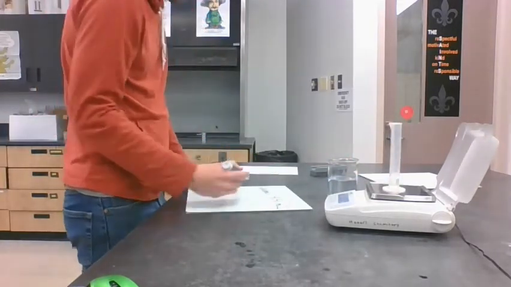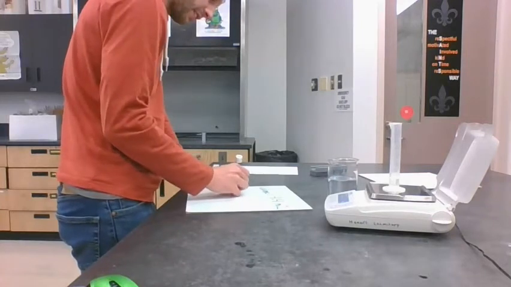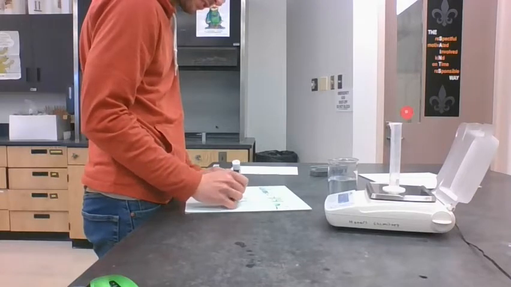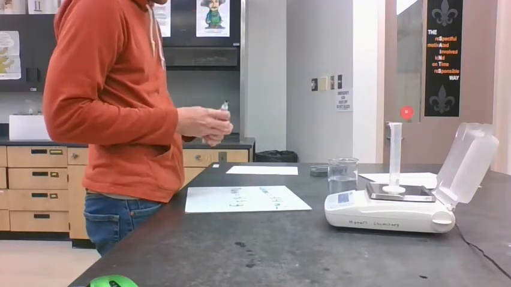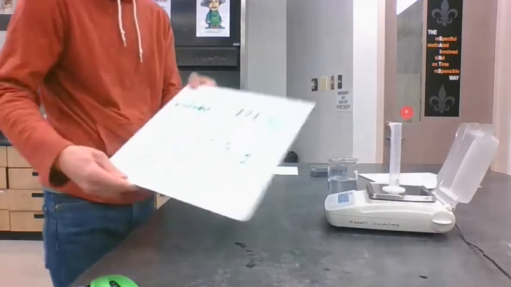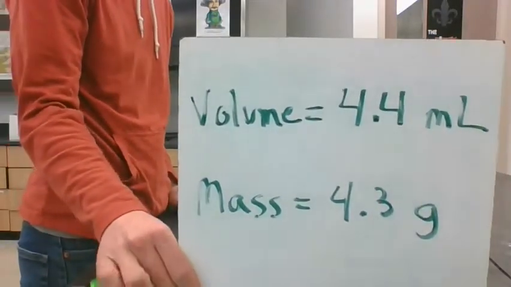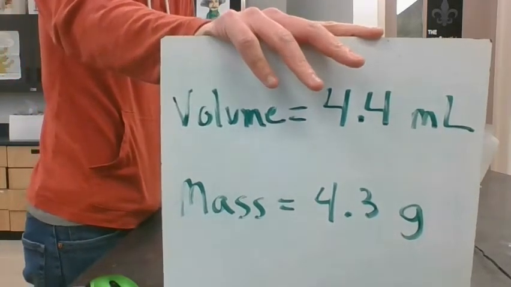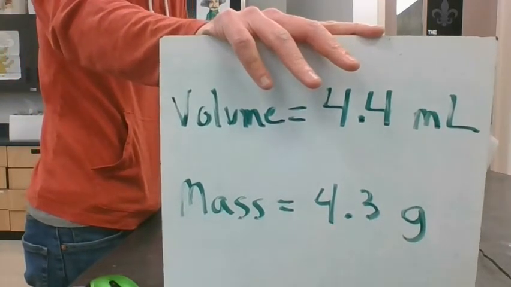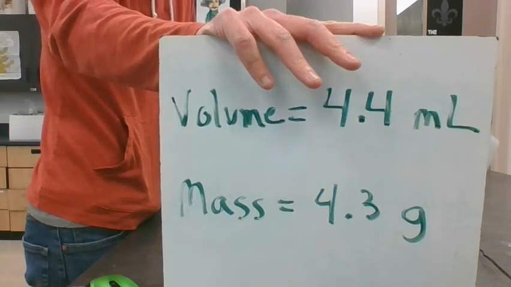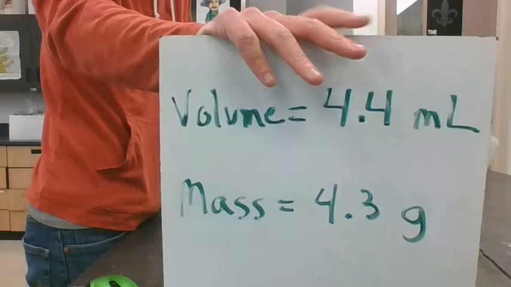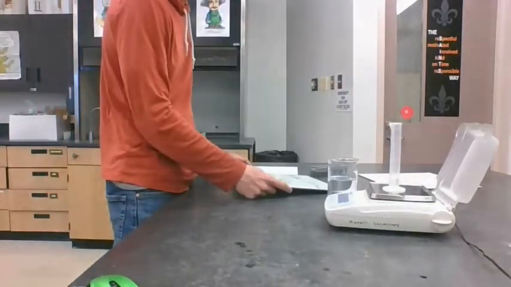And then we will see what the mass of that is. 4.4 milliliters has a mass of 4.3 grams. So for the water, you have a mass of 4.3 grams and a volume of 4.4 milliliters. That's our first data point.